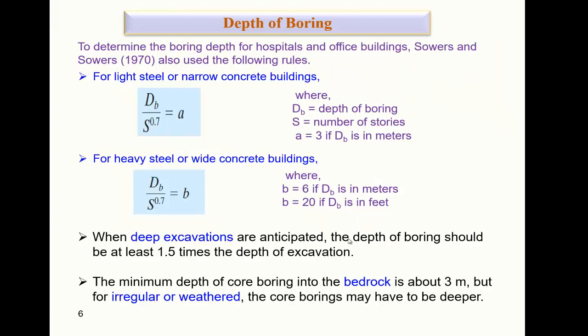Then we also discussed the depth of boring for different types of structures. These are general guidelines for steel or narrow concrete buildings, and also for heavy and wider concrete buildings. How can you find out the depth of boring?